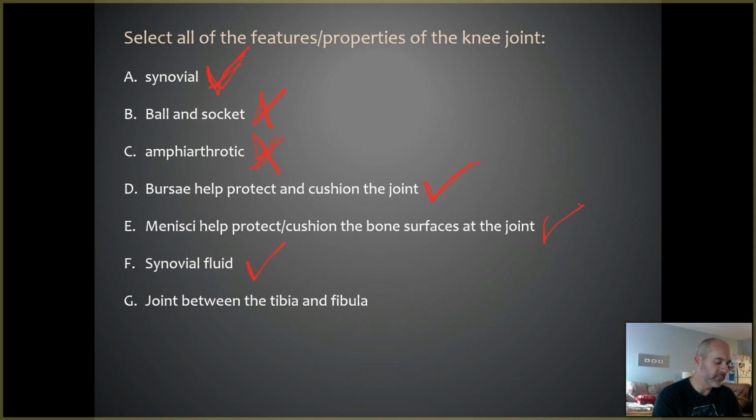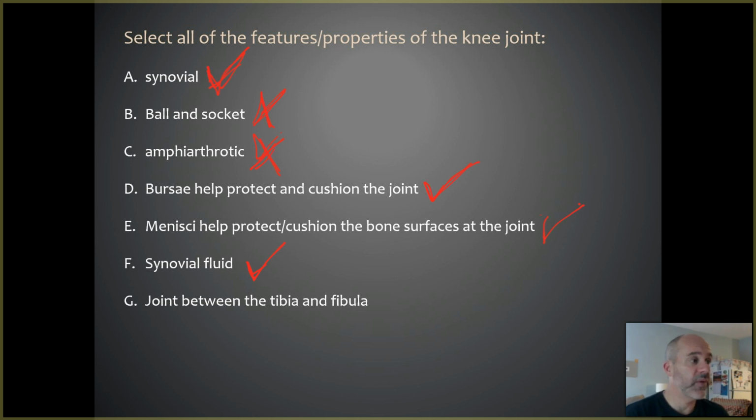Absolutely. And that synovial fluid helps lubricate the joint, helps provide nourishment. The synovial fluid absorbs nutrients and oxygen gas out of the blood, and so it helps provide those to the cells that are living there inside the joint. And synovial fluid, remember, also has a consistency like egg white, so it's not a thin liquid.